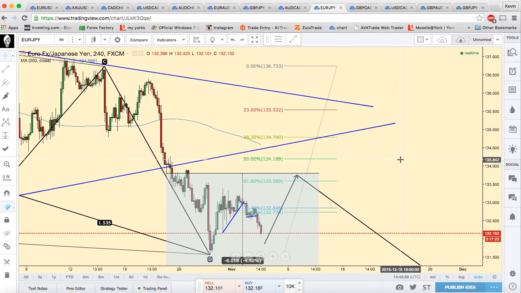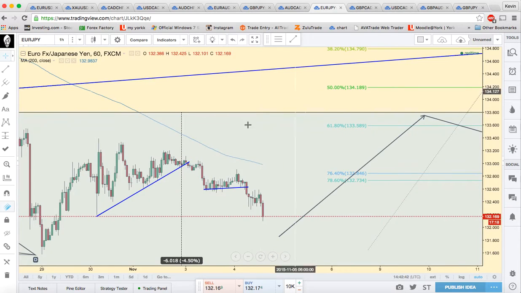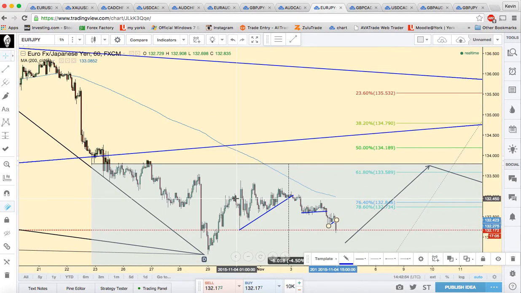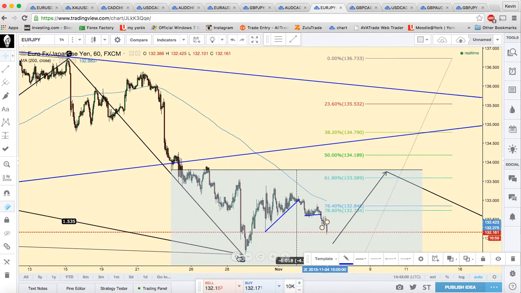On smaller time frames, we are having a breakout down, right here, another breakout down, another breakout down. So I'm pretty bearish on this right now. I don't have an actual trade to take at the moment because we have a pattern intact. So yeah, we have to see for this one.